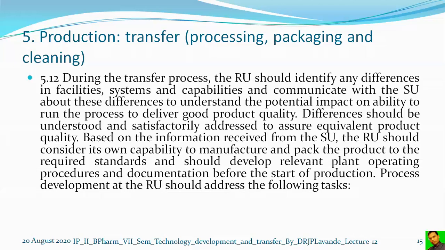What will the 5.12 tell? The guideline 5.12 explains that during the transfer process, the receiving unit should identify any differences in facilities, systems, and capabilities and communicate with the sending unit about these differences to understand the potential impact on ability to run the process to deliver good product quality.